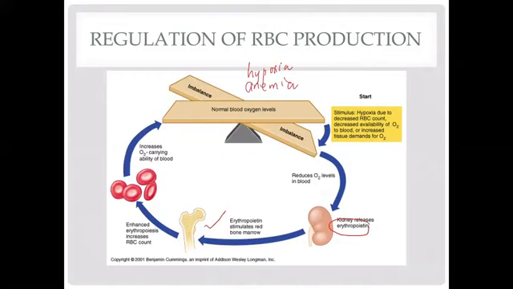When a higher concentration of red blood cells is produced, more will be available for carrying oxygen that will be delivered to tissues. That's why the imbalance will be restored.